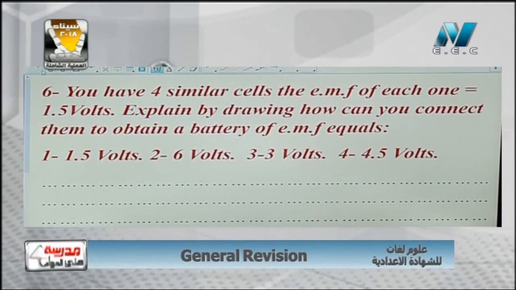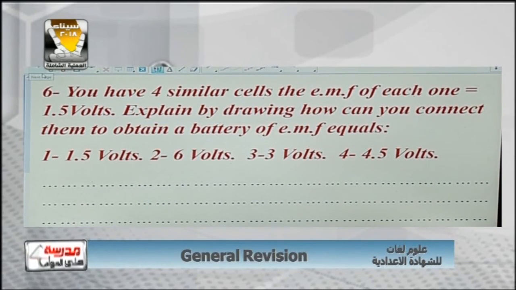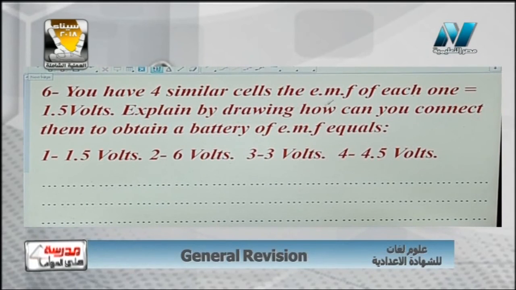Okay, you have 4 similar cells. Be careful, 4 similar cells. The electromotive force of each one is 1.5 volts.